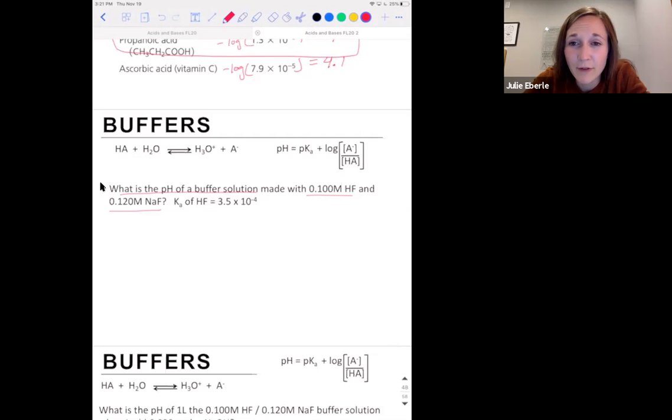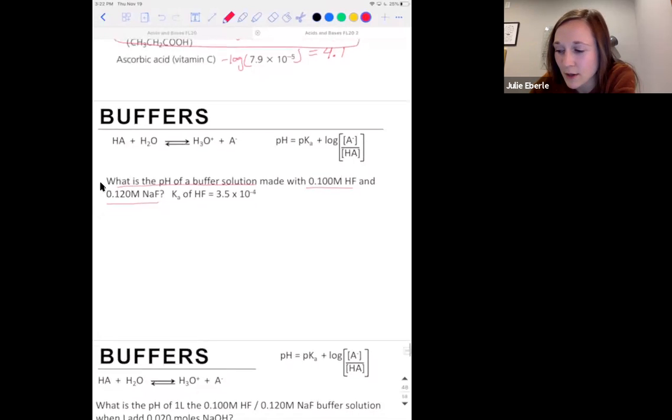So we need to identify first, which one's the weak acid, which one's the conjugate base? Is NaF the weak acid or is HF the weak acid? Remember, to be an acid, you have to have a hydrogen, okay?